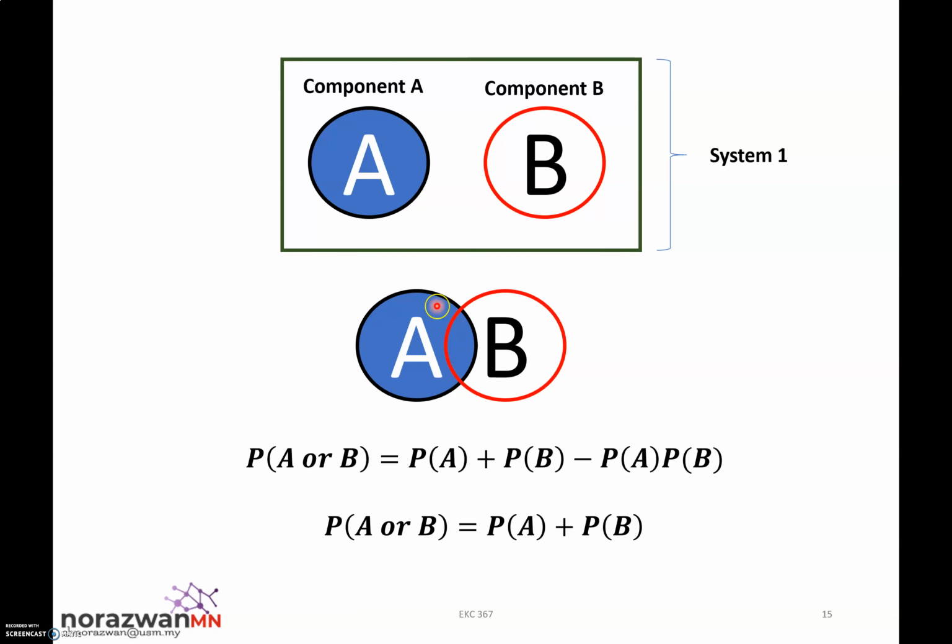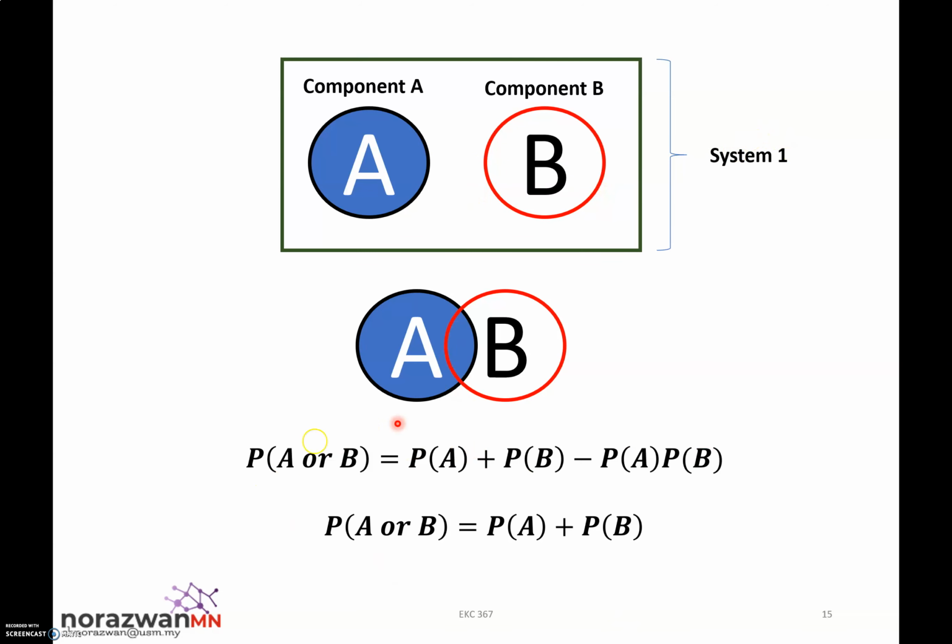The question is, how about if the interaction is parallel? What if component A and component B are in parallel interaction? When you say that component A and component B are in parallel interaction, that means component A and component B must fail simultaneously so that system 1 will fail.